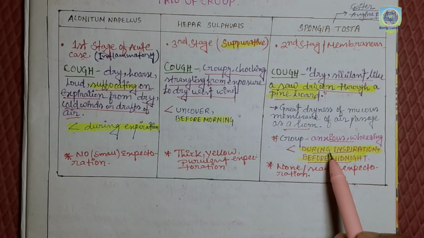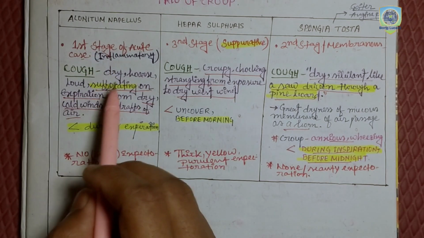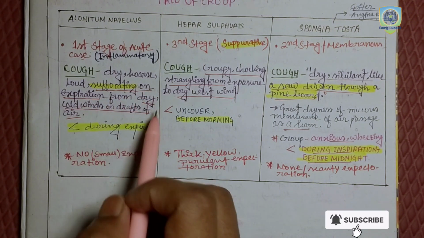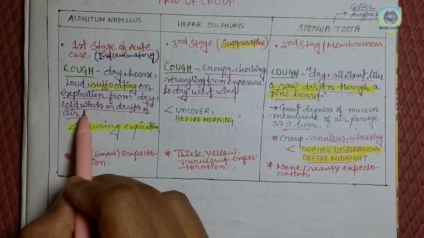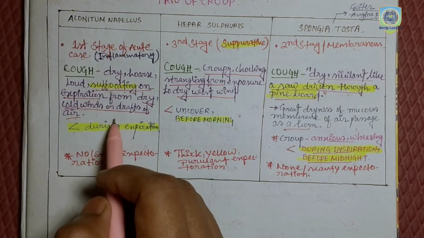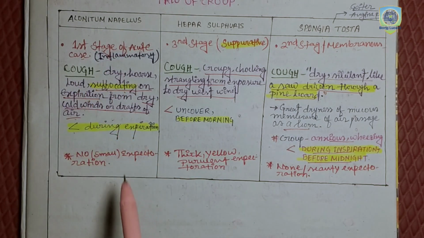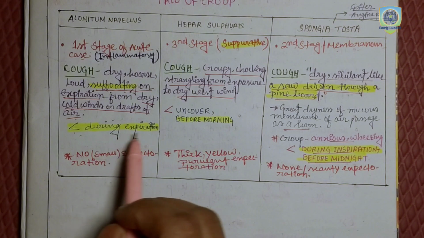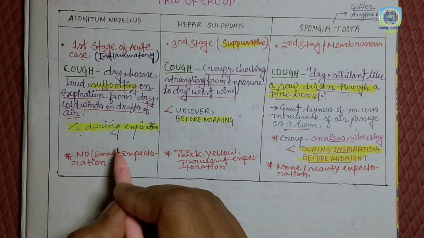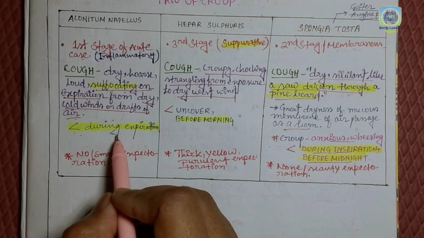So Aconitum is dry, hoarse, loud, suffocating, from dry cold winds or drafts of air. Aconitum napellus is aggravated during expiration.